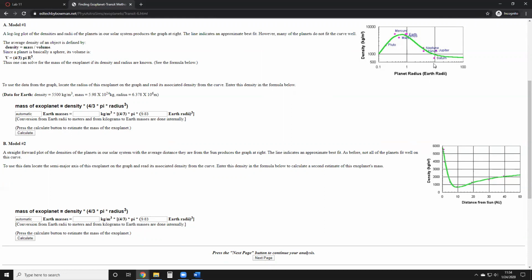So I go up from my x-axis, hit my best fit line, go over to my y-axis, and I get 990. And I get 171 Earth masses for Model 1. Model 2, same density on the y-axis. Instead, my distance from the sun was less than half, so like 5,500. Okay, and much higher density gives me a much larger mass.